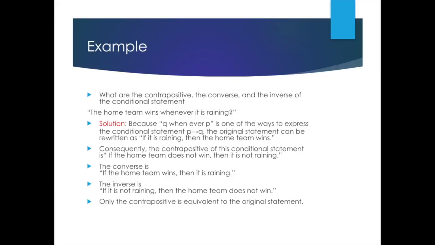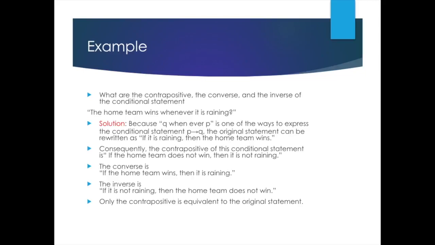The converse of that is: if the home team wins, then it is raining. And the inverse: if it is not raining, then the home team does not win. It seems really silly, just saying those guys will never win any game if it's not raining.